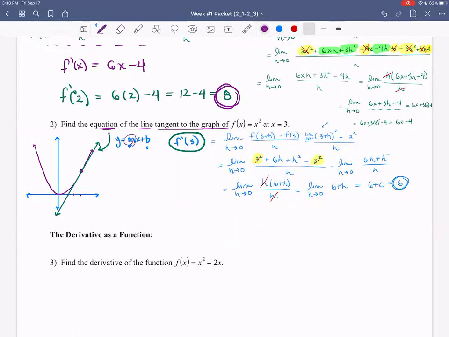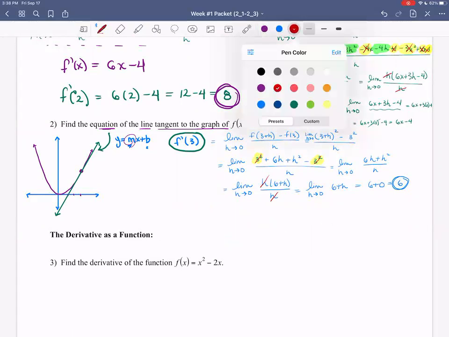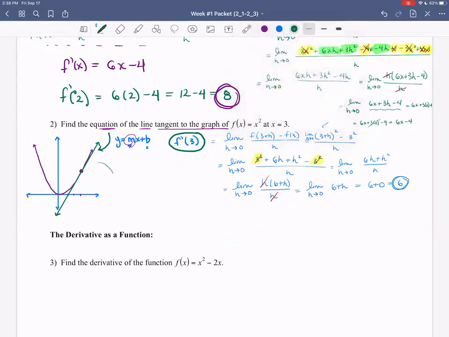Our tangent line will look like the following equation: y equals 6x plus b. But we still need to find b. Is there any other information we know about our tangent line? Do we know any point on our tangent line?